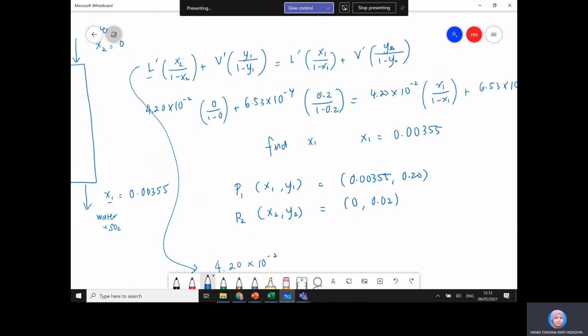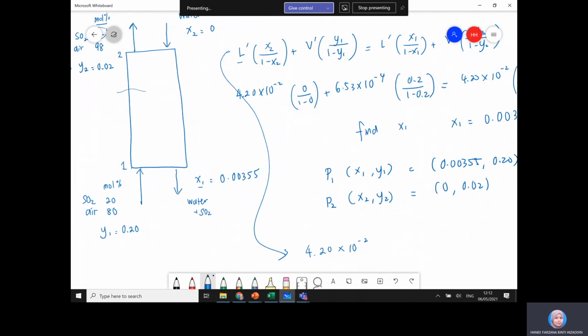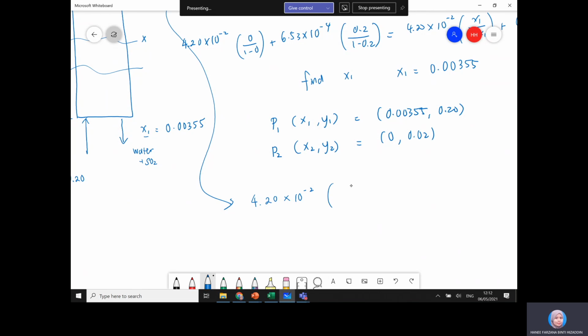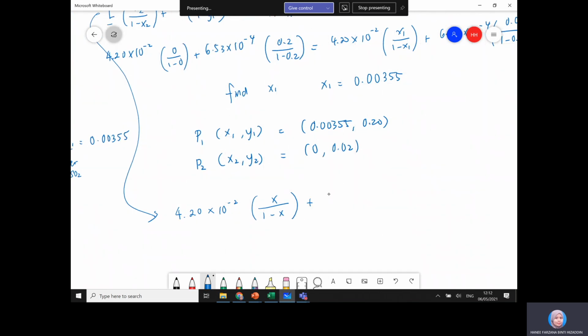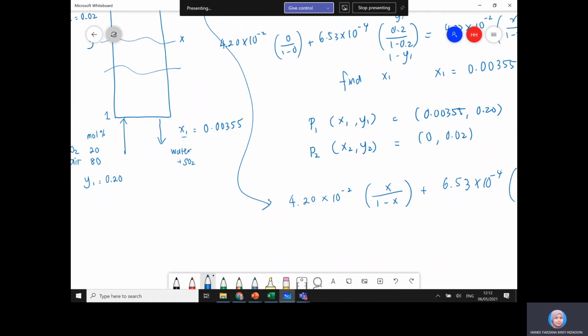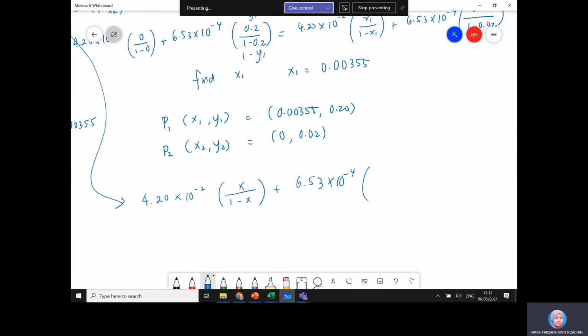Instead of X2 and Y2, we are talking about any point in the middle of the tower, so we just put X and Y: X over 1 minus X plus 6.53 times 10 to the minus 4. But this one we keep, because this is Y1 over 1 minus Y1. We need to start from somewhere, so we start from the bottom until somewhere in the middle of the tower, so we maintain the values of Y1 and X1 in the equation.